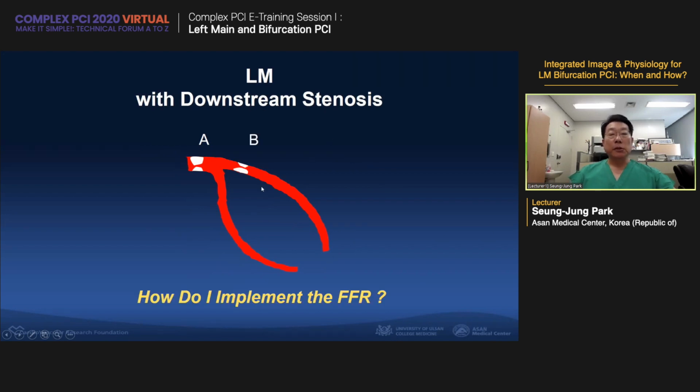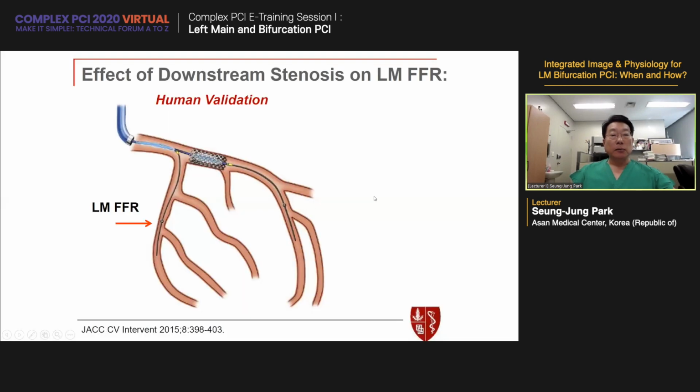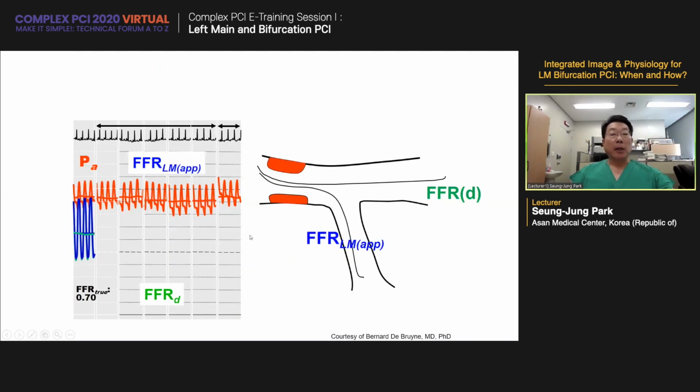For downstream disease in the case of the left main, we can apply the tandem lesion concept. Look at this, this is in vivo validation: proximal LAD with a certain degree of obstruction, whether we can measure the influence of large side branches and measure the FFR in the left main.